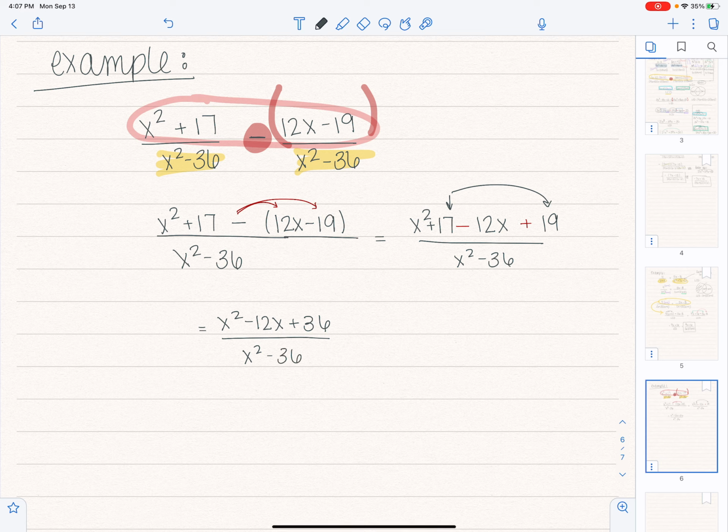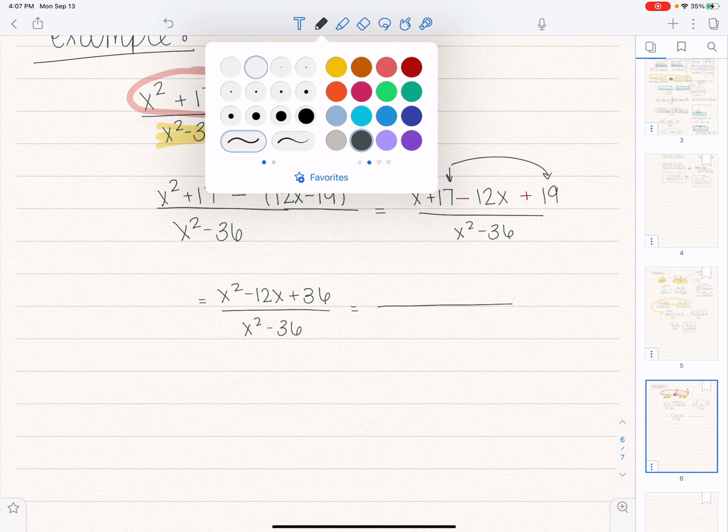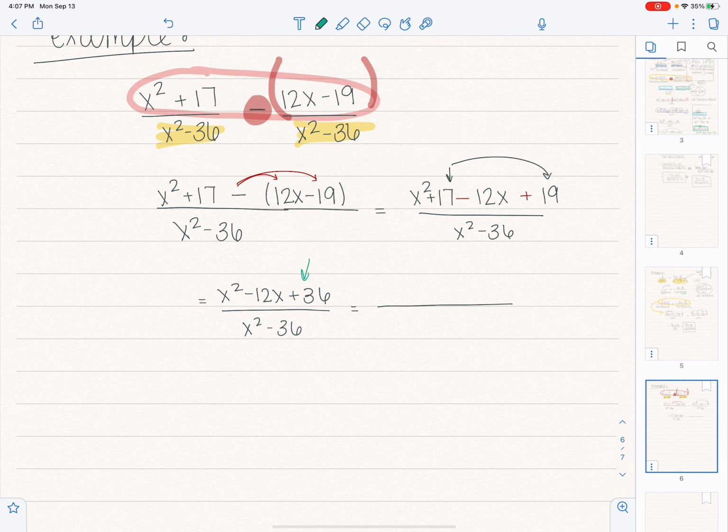Now that I've combined everything, I'm going to look for something to factor. On the top, I'm going to factor that. So pause the video, do rainbow, looking for two numbers that multiply to 36 and add to negative 12.